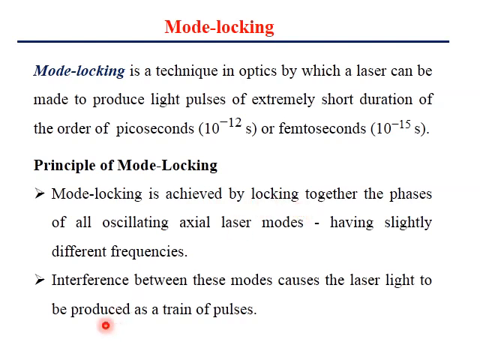And interference between these modes causes the laser light to be produced as a train of pulses. So that's why the term mode locking: the modes having slightly different frequencies are locked together.